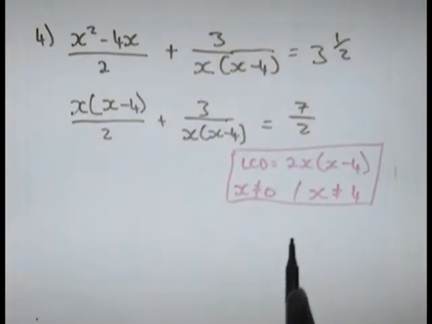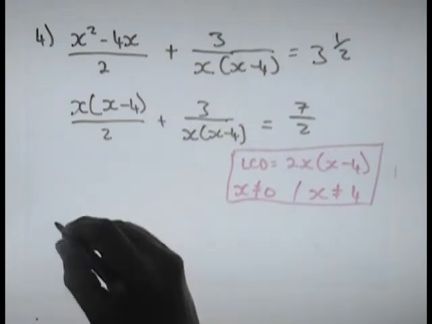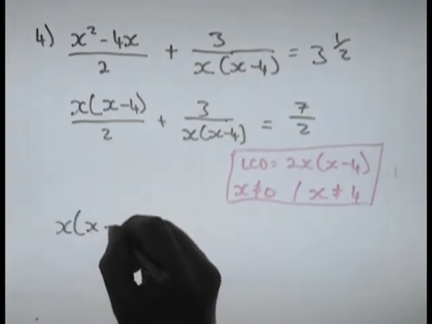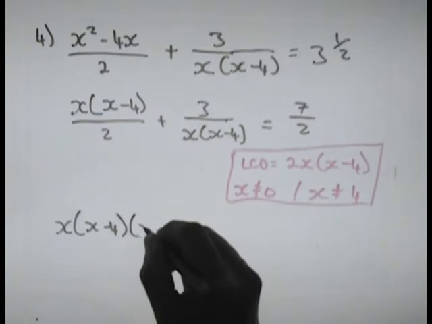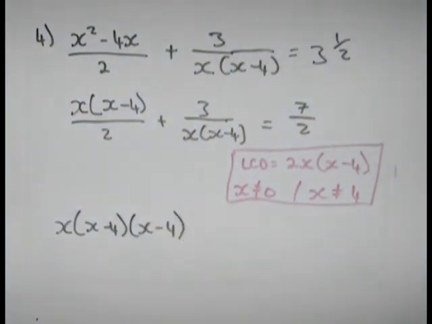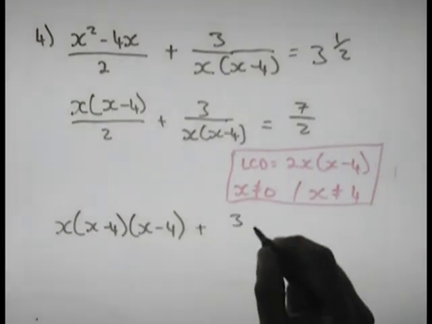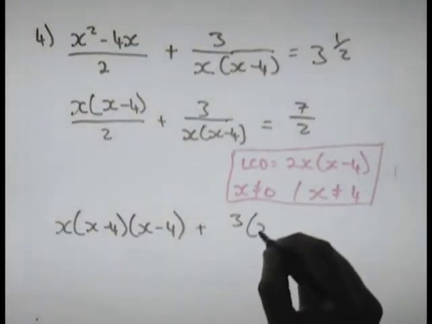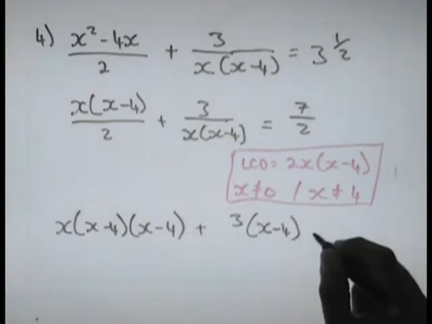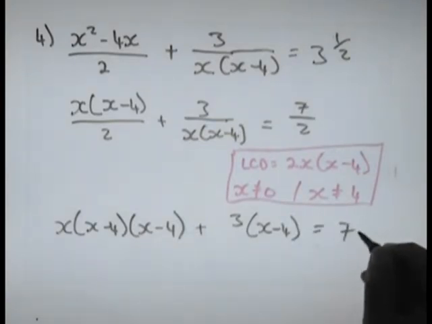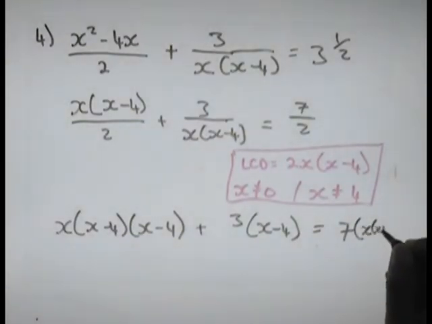It means that this is going to become x multiplied by (x minus 4) multiplied by (x minus 4) plus 3 multiplied by (x minus 4) is equal to 7 times (x minus 4).